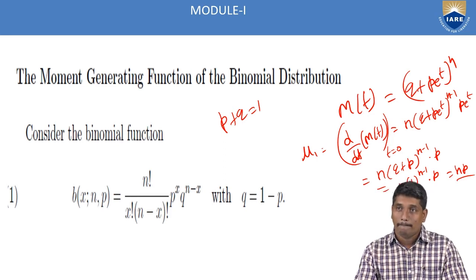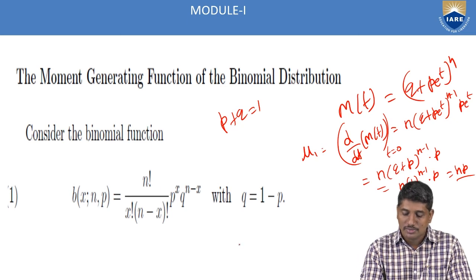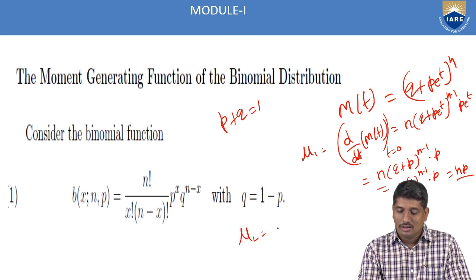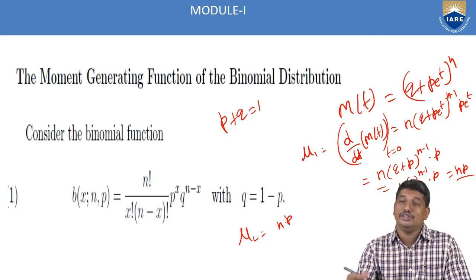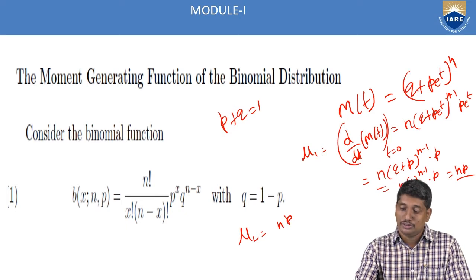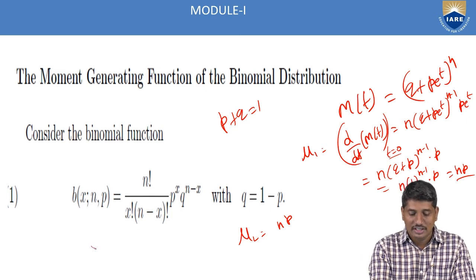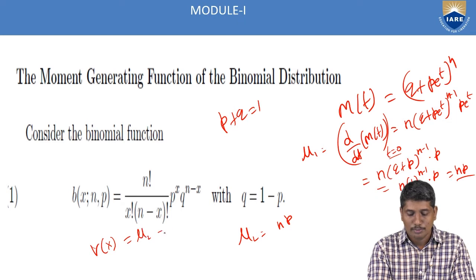In the same way, if you differentiate it two times and substitute t equal to 0, you can calculate the variance as mu2 minus mu1 squared, that is npq.